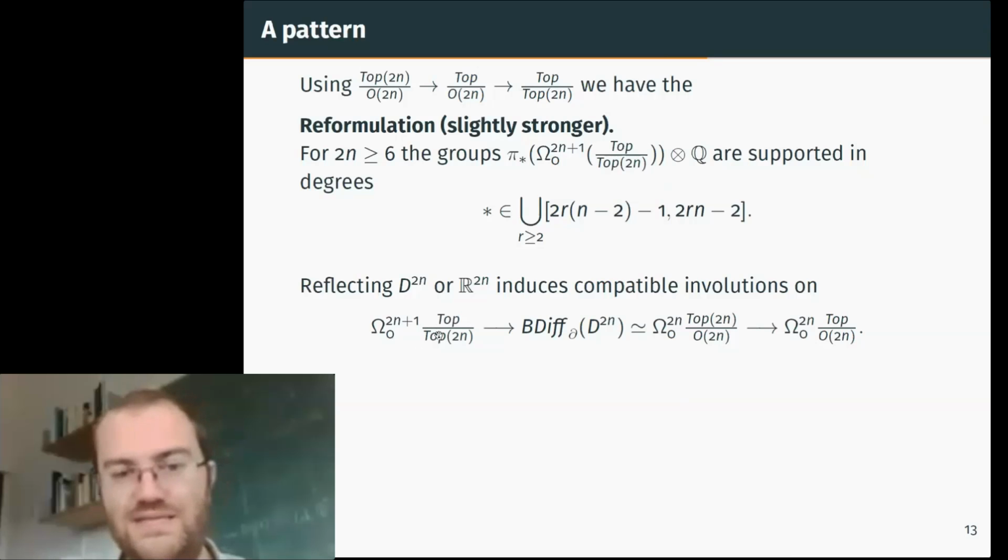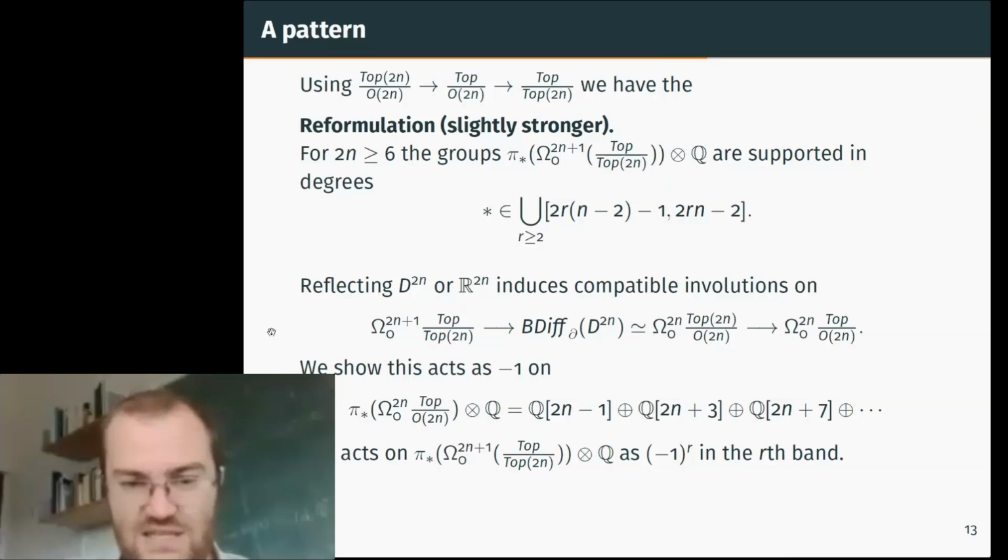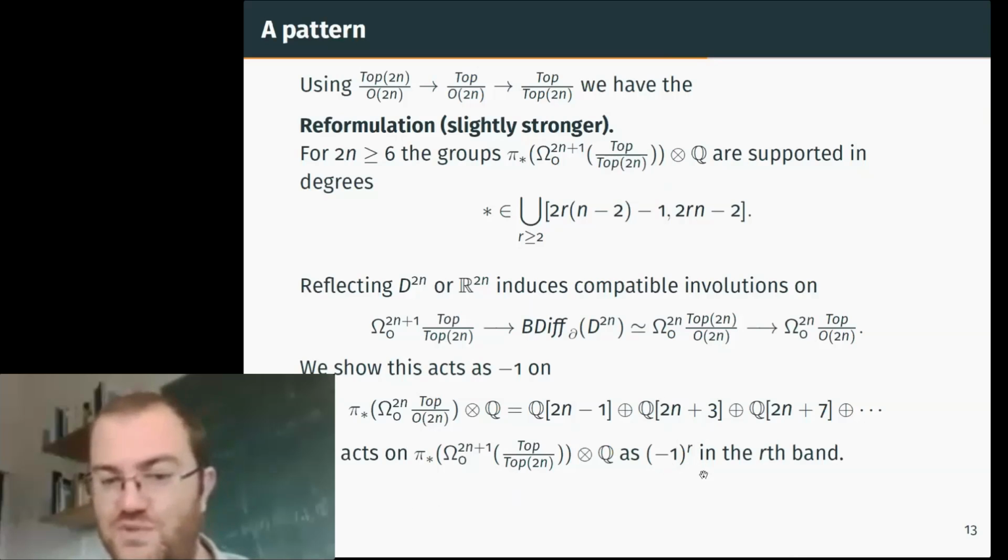So all of these spaces, in fact, have involutions on them. And these 2 colors correspond to the eigenspaces of that involution. So we show that on these Pontryagin Weiss classes, the involution acts as -1 always. And on the bands, it acts as (-1)^r in the rth band.